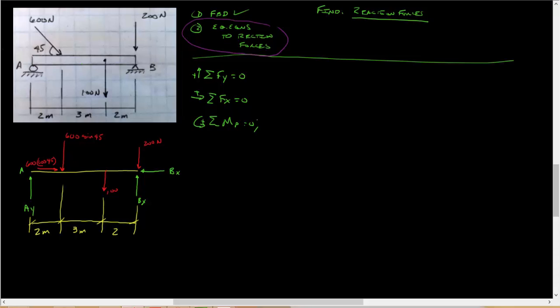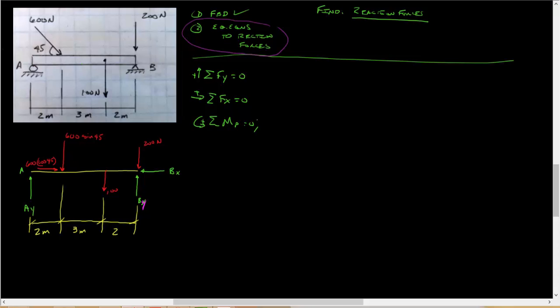So let's go ahead, and if I sum my forces in the y right now, so if I had AY minus 600 sine 45 minus 100 minus 200 plus BY, that's a BY, I have two unknowns. I could sum my forces in the x, I just have BX and 600 cosine 45.